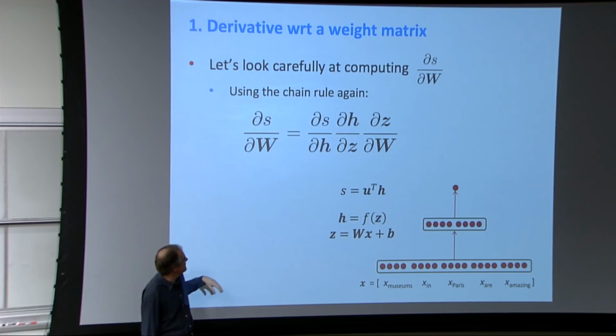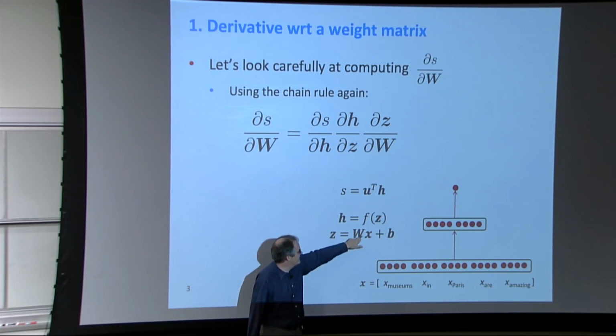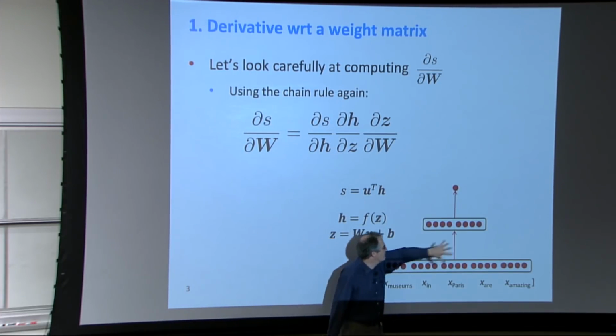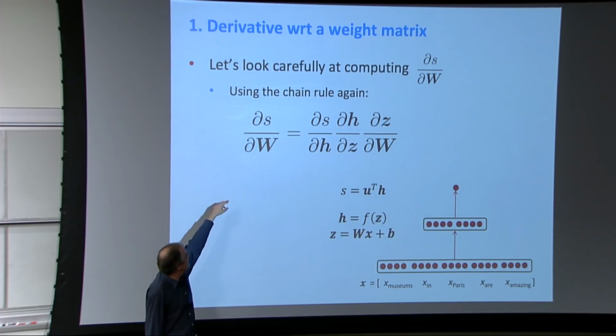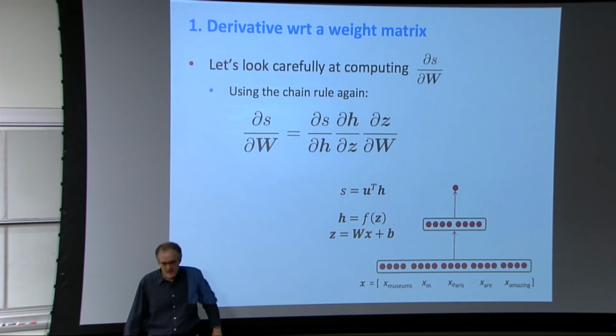And we did various of the cases, but one we hadn't yet done is the weights, and the weights are all of this neural net layer here. Okay, so chain rule, the partial of s with respect to W is ds/dh times dh/dz times dz/dW.